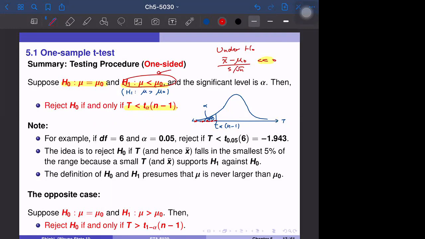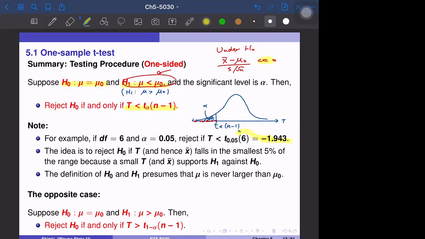Actually, for df 6, this threshold is equal to negative 1.943. It's a little bit closer to 0, because last time we set the threshold so that the lower tail is alpha over 2 and the upper tail is also alpha over 2.